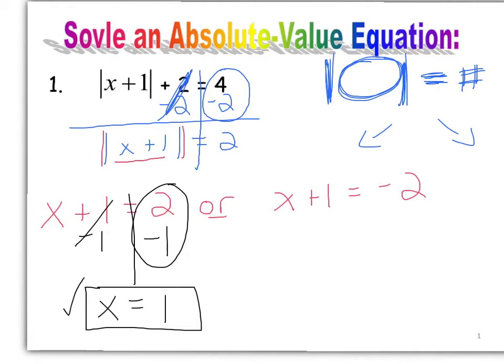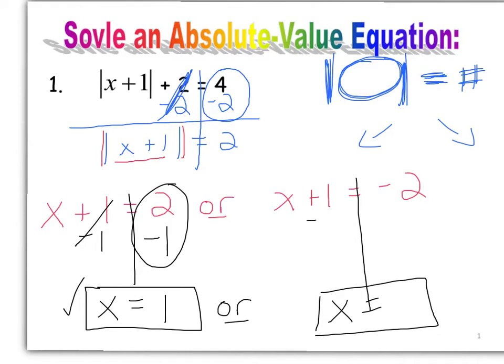That'll be one solution to this equation, or we also need to solve this one. If we get the x alone here, again the process will be the same. We're going to add the opposite, negative 1 to both sides, cancel out. Negative 2 plus negative 1 is negative 3. So the two solutions to this equation are x equals 1, or x equals negative 3.